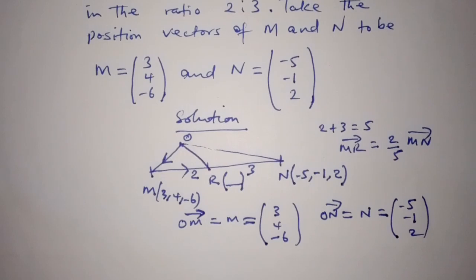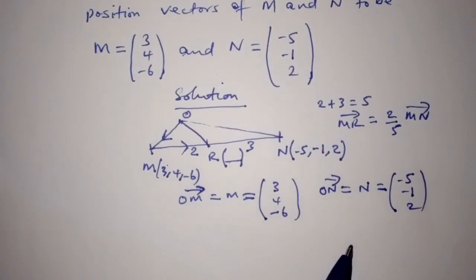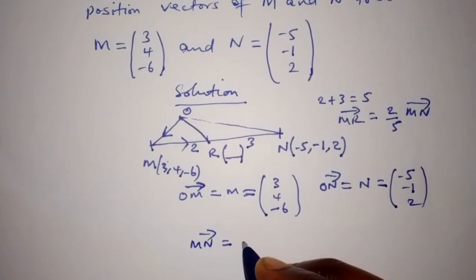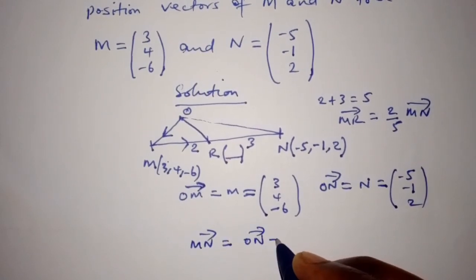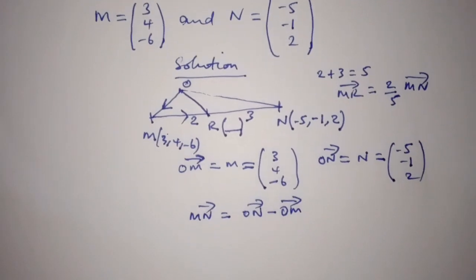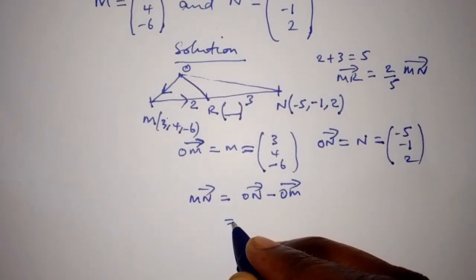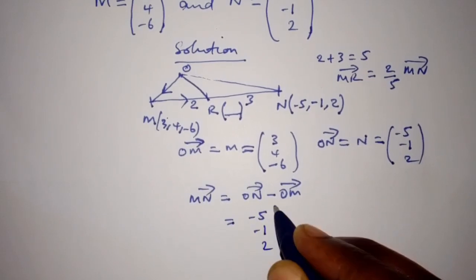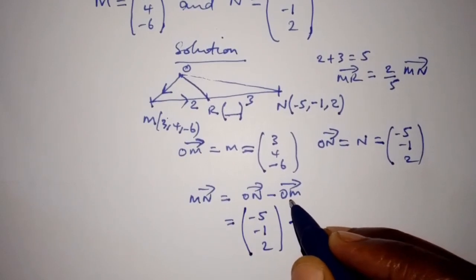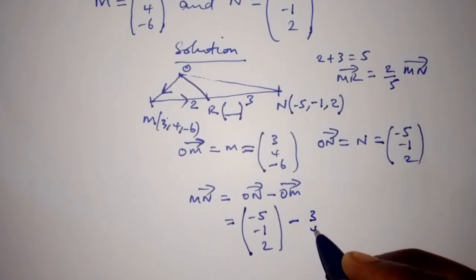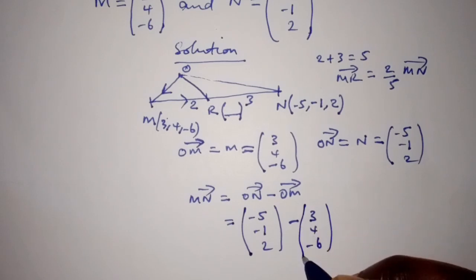So how can we find vector MN? Vector MN is given by vector ON minus vector OM, and that will be vector ON, which is (-5, -1, 2), minus vector OM, which is (3, 4, -6).